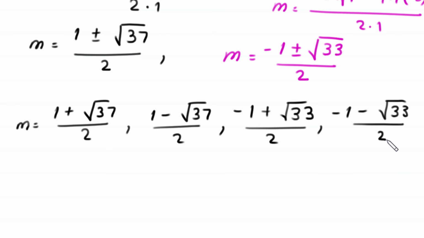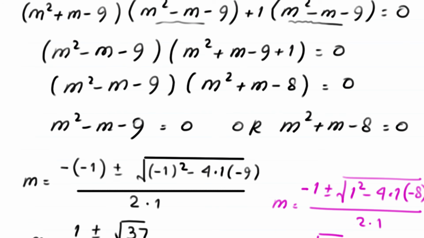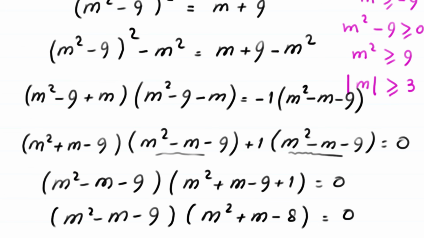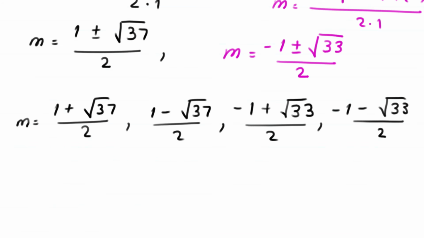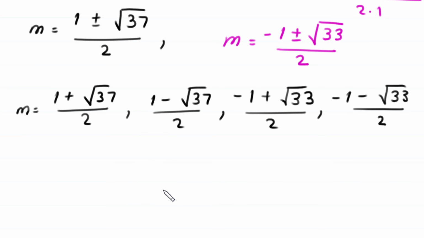Now we remove invalid solutions using the domain of the equation. The domain is absolute value of m must be greater than or equal to 3.